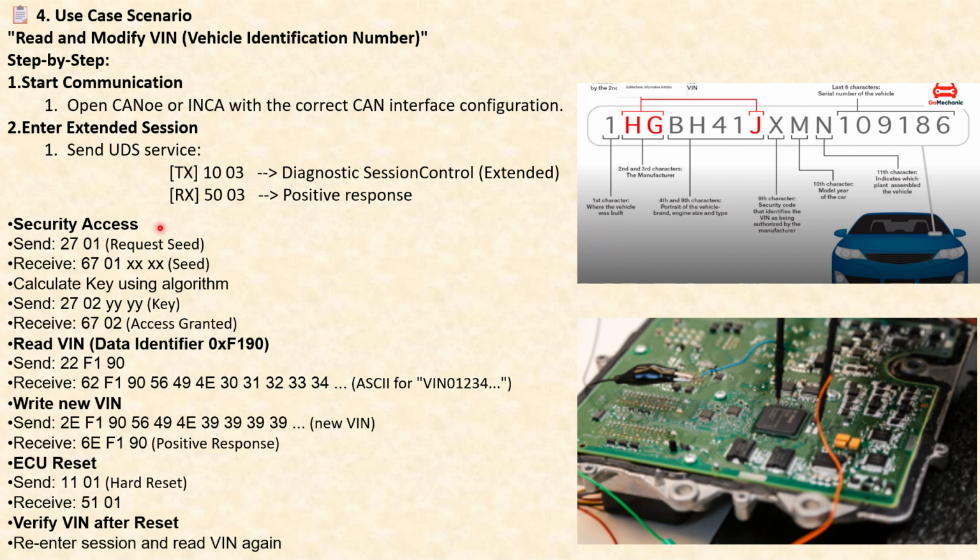Next comes security access, where you send a request, receive the seed, calculate the key using an algorithm, and again send and receive. Next, you read the VIN, write a new VIN, perform an ECU reset, and verify the VIN after reset.